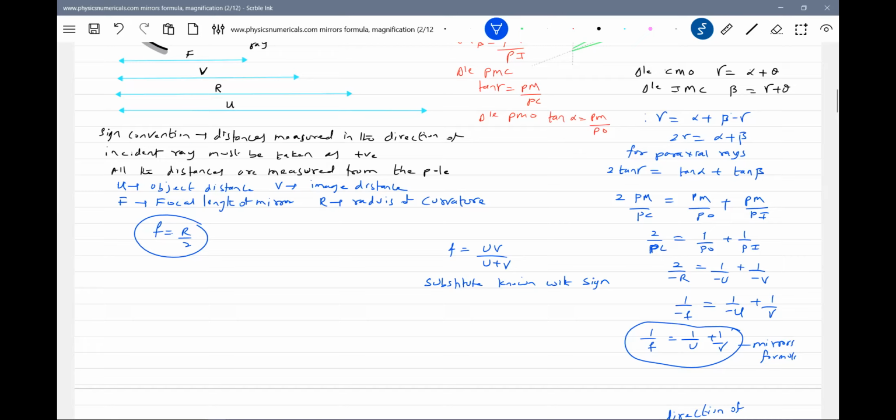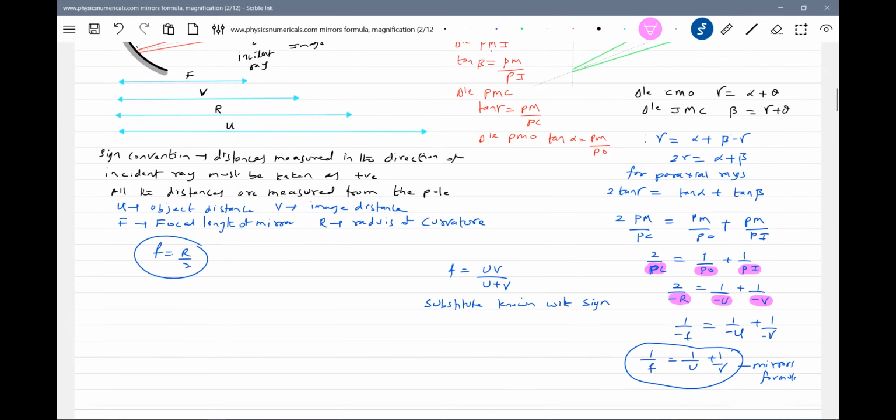Again, you have to substitute here. Okay, look at these signs. I think this will be really very important. Based on the diagram, I replaced here. So we know F equals R by 2. In place of R by 2, I can write the focal length. So this is the mirror formula.